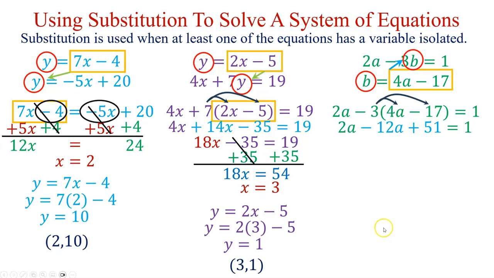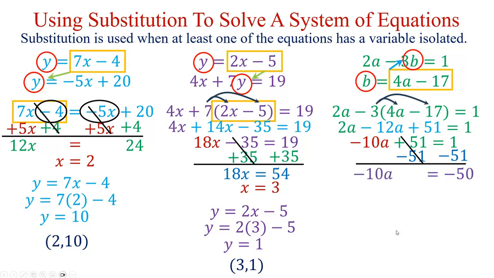So we'll combine like terms. The 2a minus the 12a gives us negative 10a plus 51 equals 1. We'll remove the 51 by subtracting 51 on both sides. The 51's cancel, leaving me with negative 10a on the left, negative 50 on the right. Divide both sides by negative 10, a will equal 5.